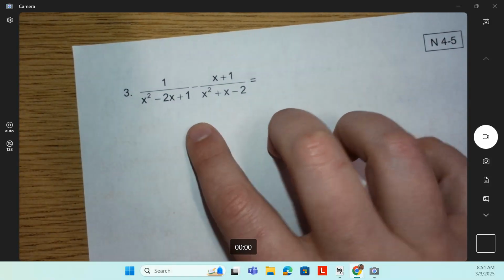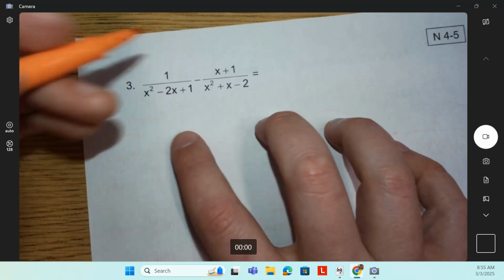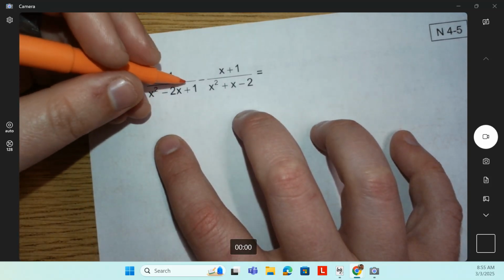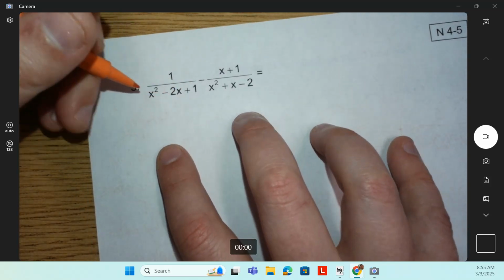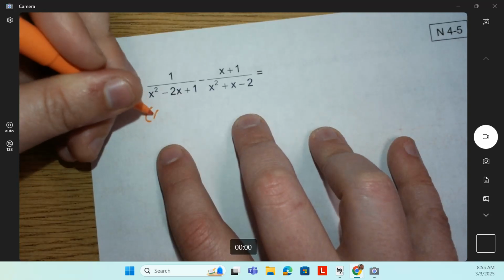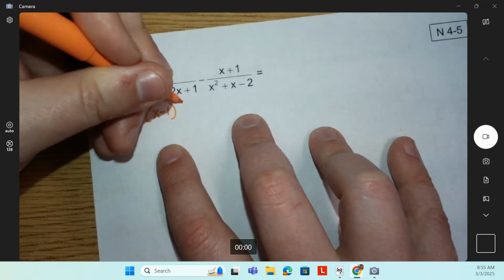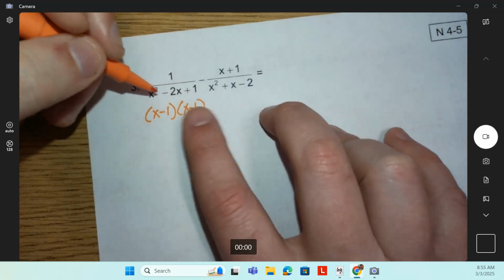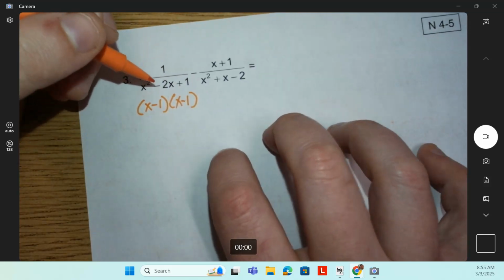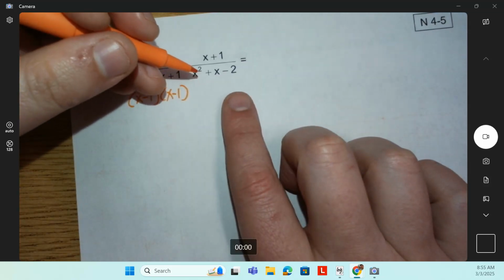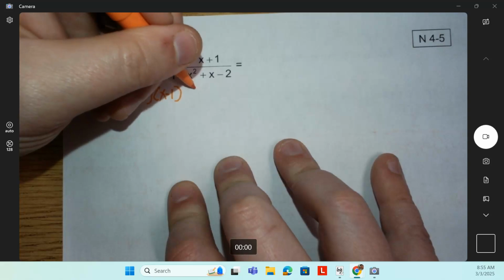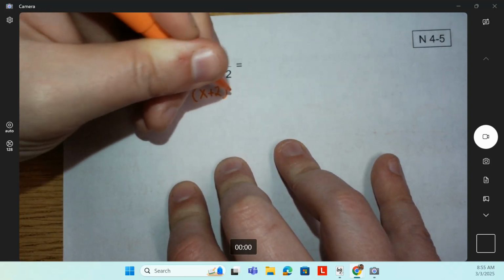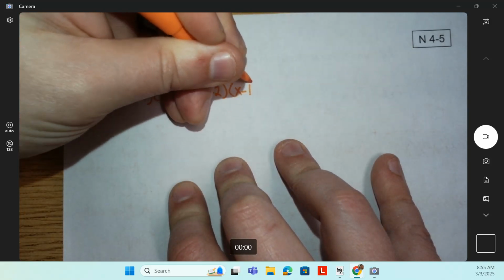Again, I need to find my common denominator. Do that by factoring both. So something that multiplies to 1, adds to negative 2, is going to be x minus 1, x minus 1. Negative and negative makes a positive and gives me that negative 2. For this one, I'm going to have x plus 2 and x minus 1.